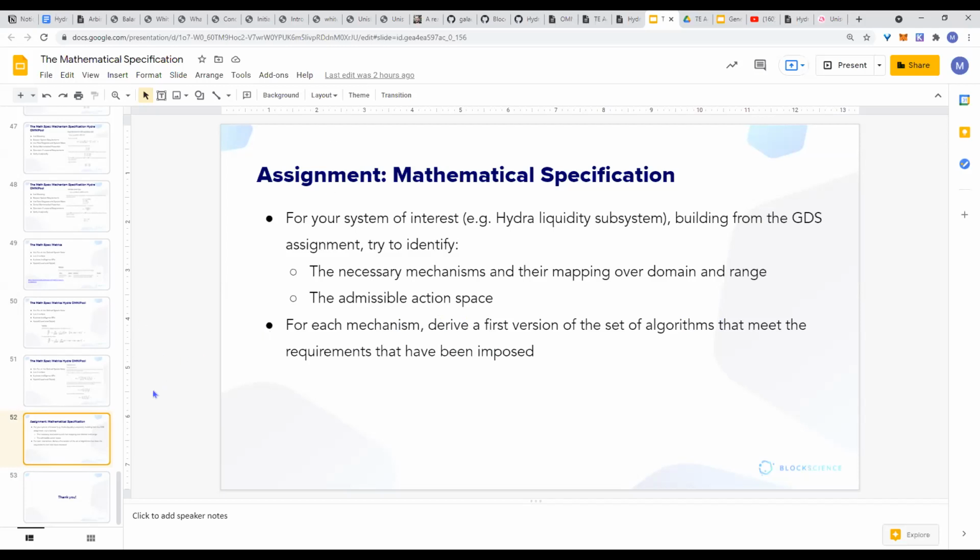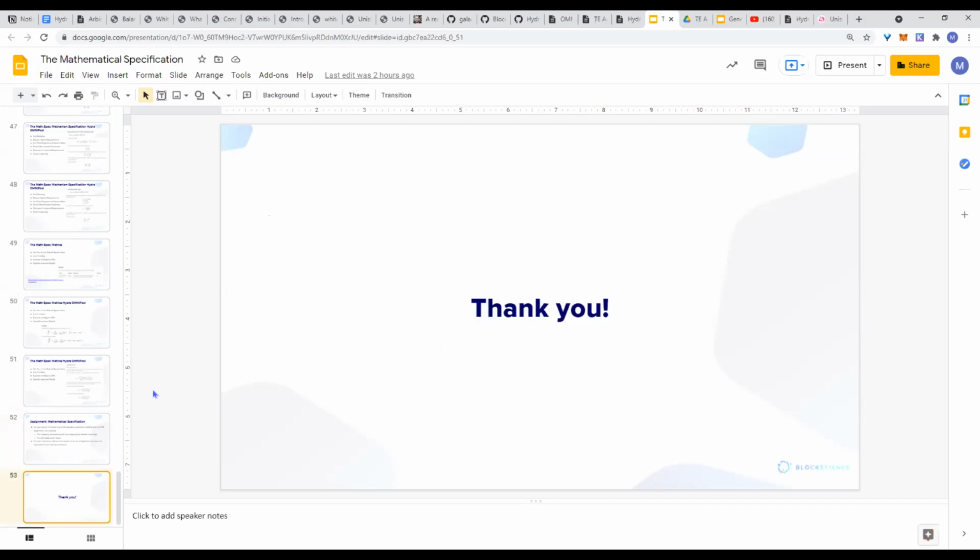So hopefully what we've seen is how to build and map this out, while also getting more of what the Hydra math spec is doing. You'll have it here, and you also have it accessible in the model, and that'll be the focus of next week.